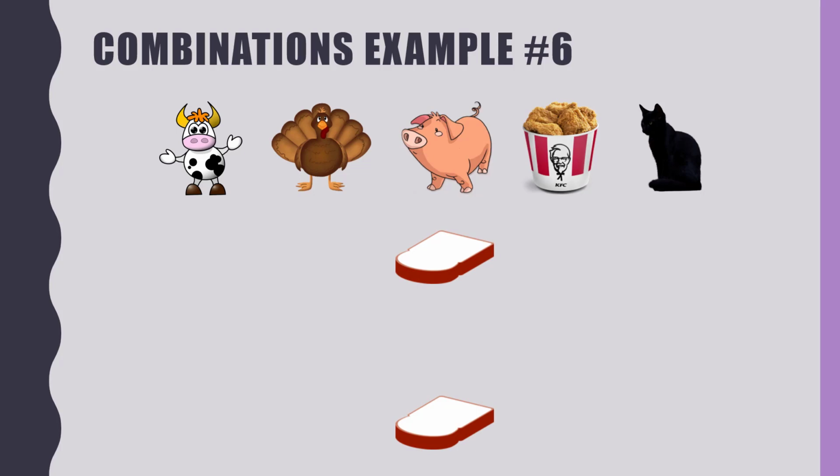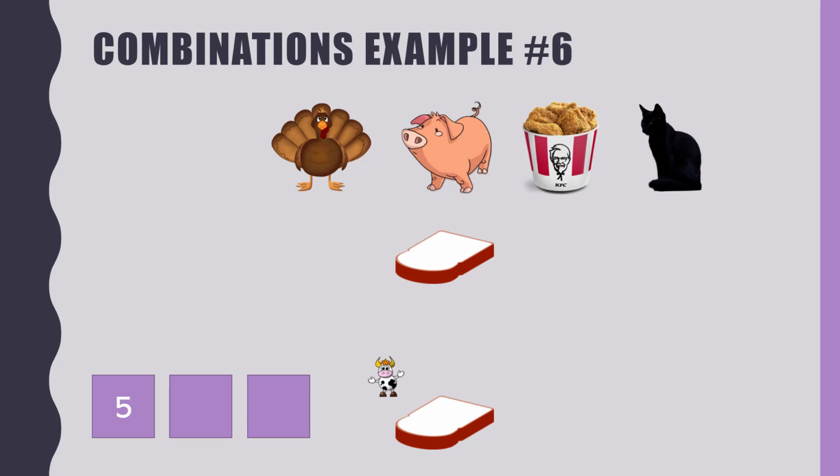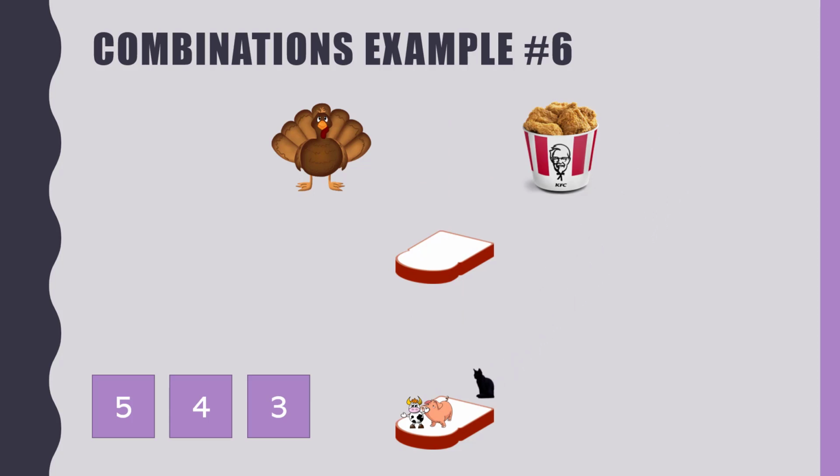So let's say that we decide to choose, well, we have 5 choices for the first meat, right? So we choose a cow. That goes on our sandwich. We choose beef. We now have 4 choices, and you can see the 4 at the top of the screen there. So let's say we choose bacon. Now we have 3 choices, and we choose mystery meat.